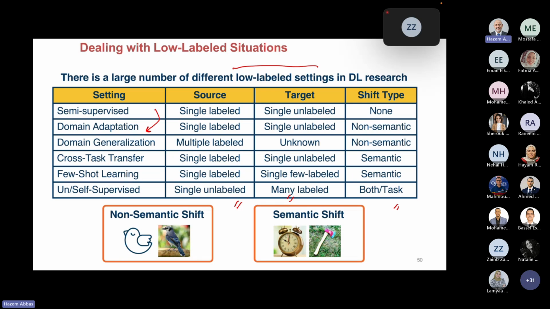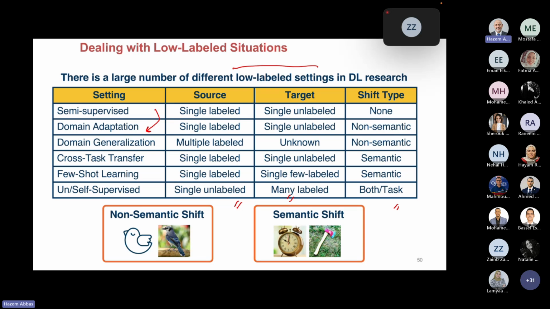So semi-supervised means that you have some data that are labeled. You are going to use this small data to label the rest of the data. And this is heavily used in medical imaging. In medical imaging, we have to have a radiologist to label the image, which is very expensive.